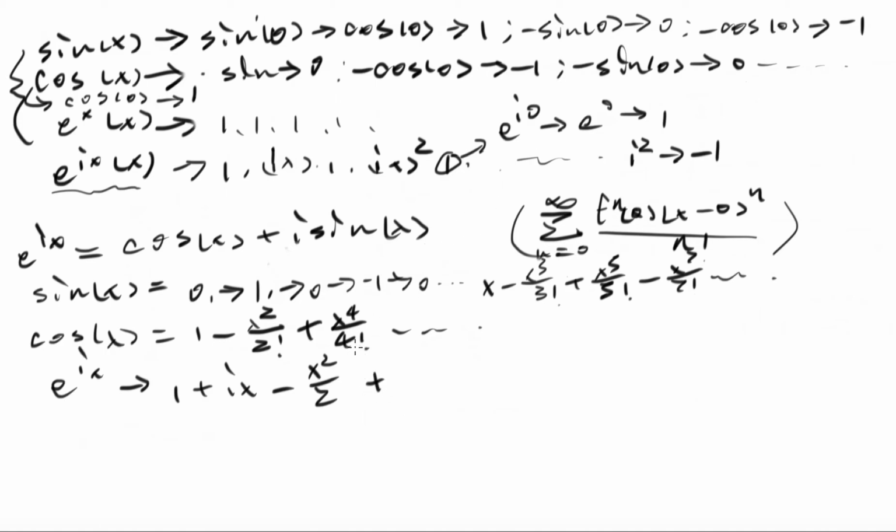Nope, sorry, it's not plus. It's actually minus x squared over 2 factorial, minus i x cubed over 3 factorial, and plus x to the 4th power over 4 factorial. Here actually i to the 4th power is just negative 1 times negative 1, which is 1. Goes on and on.